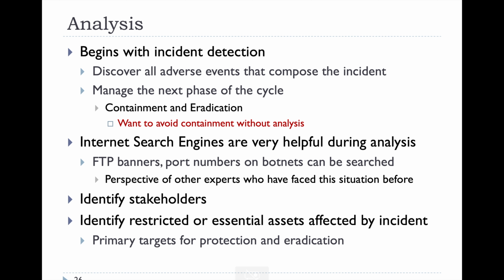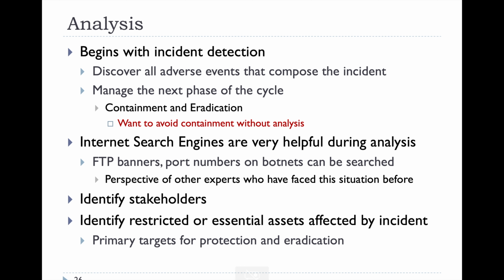That is because, let's say that we have a virus that has been spreading over the network. We usually want to avoid containing it, meaning isolating it early, before analyzing. The reason for that is because we want to understand first what devices this virus has affected.